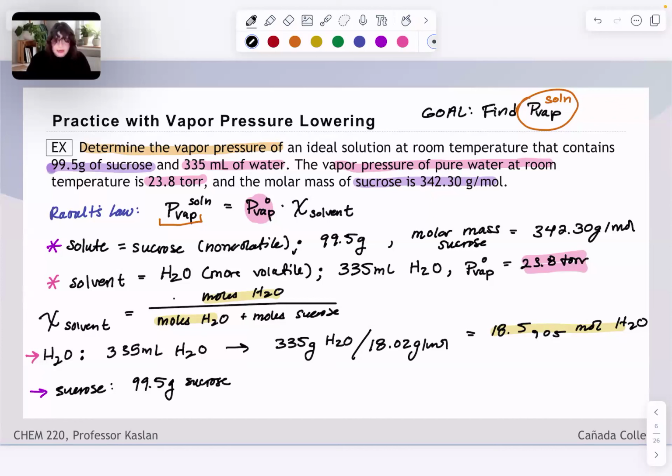So we'll take 99.5 grams of sucrose and divide by the molar mass, which I have given to you. So that is 342.30 grams per mole. I'm checking what that is. And this gives me 0.29068 moles of sucrose.